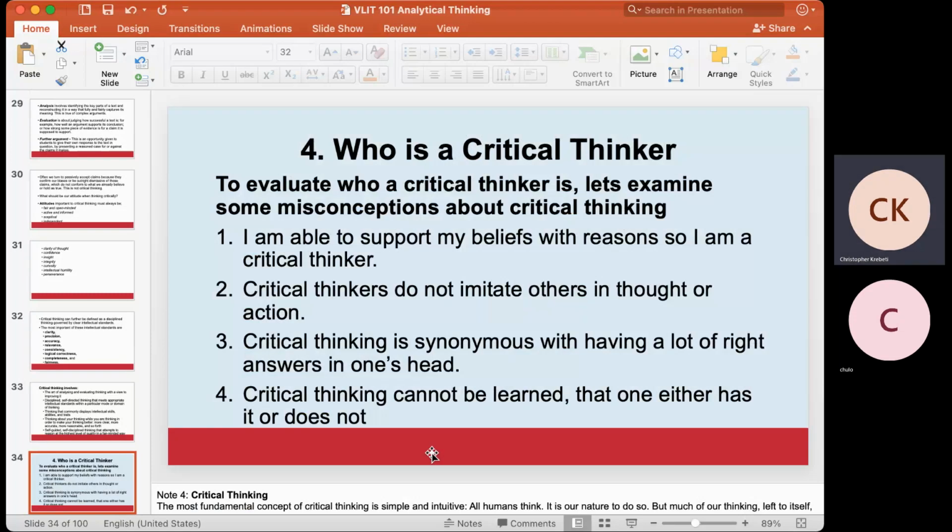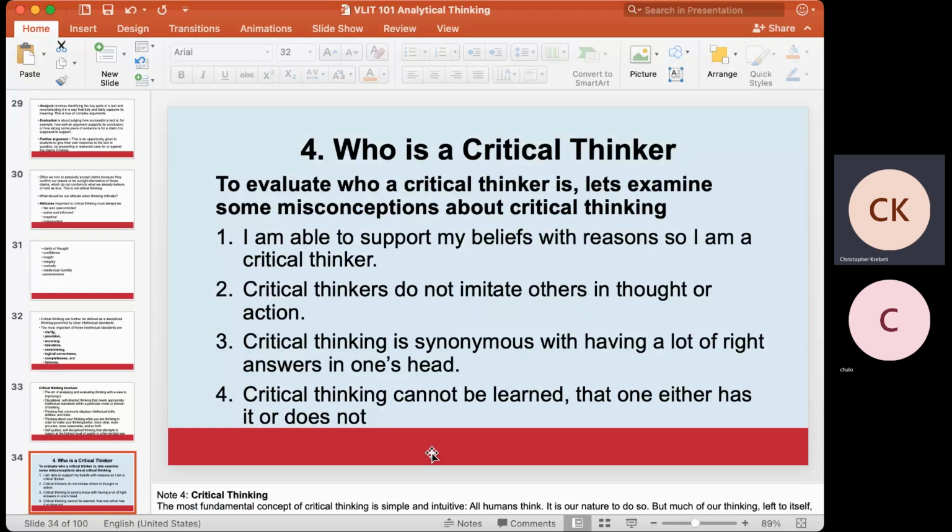Critical thinkers do not imitate others in thought or action. It is also a misconception because critical thinkers don't know everything. If you're a critical thinker, it doesn't mean that you know everything. It means that people have also made materials available to you to analyze, to think through, and to find their pattern of thought, and even adopt some part of it as an actionable dimension for whatever you are doing.